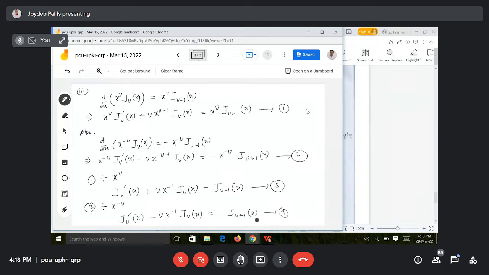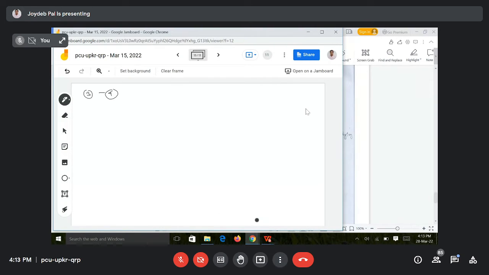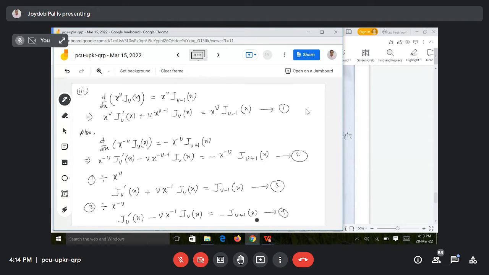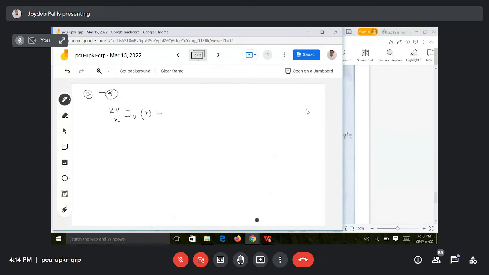It will be 2 nu x inverse, means 2 nu by x, J nu x is equal to right hand side J nu minus 1 plus J nu plus 1.